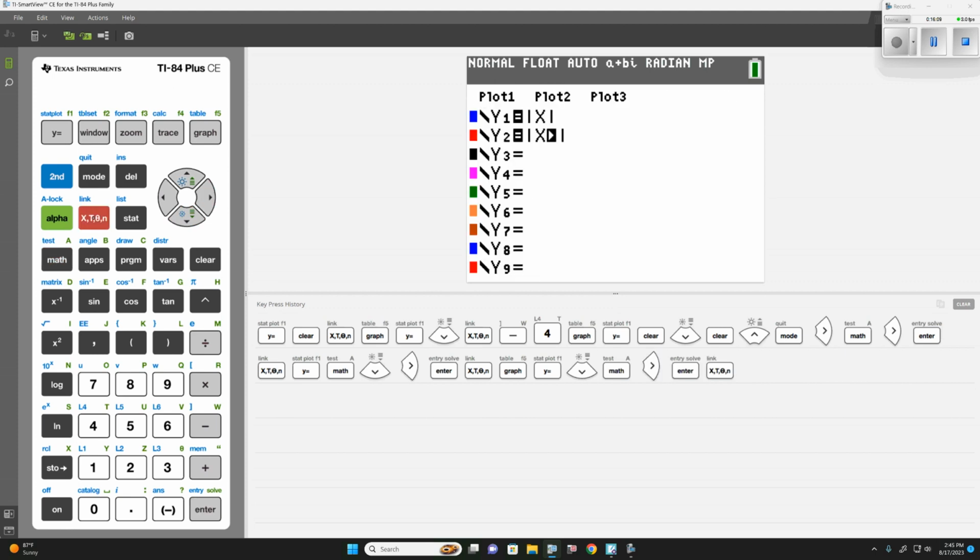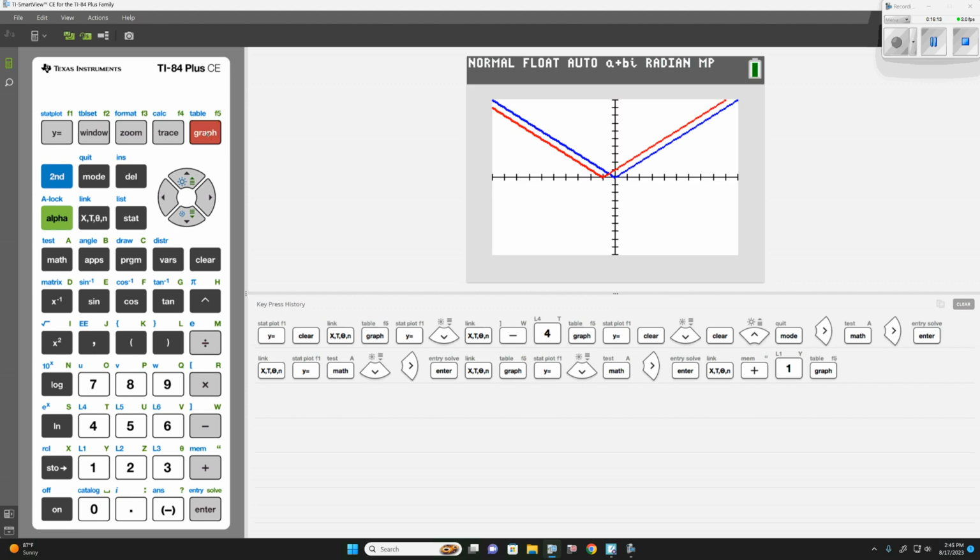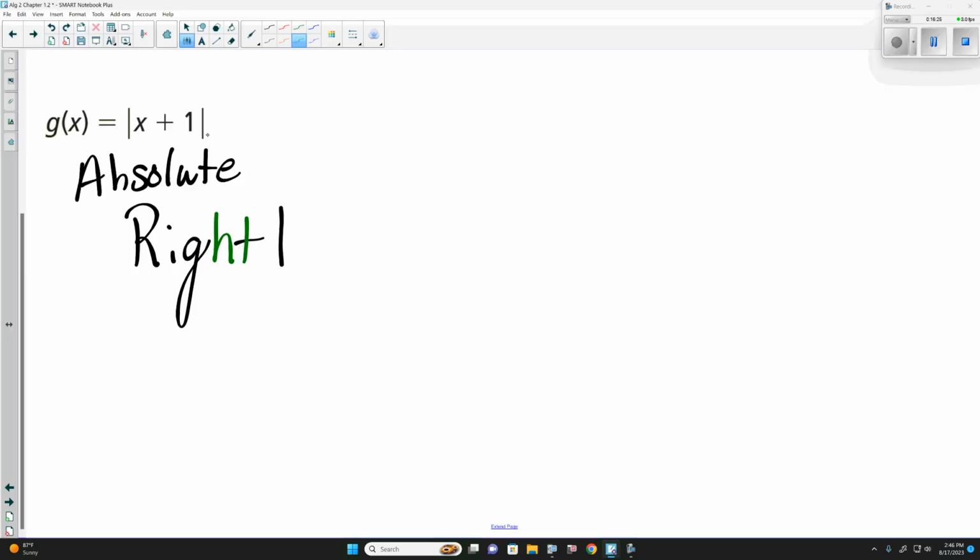ABS, X plus 1. And this is going to move the graph, as we see, 1 unit to the left. It is left one. Because again, inside the absolute values or parentheses, it's going to be the opposite of what we think. Because it's plus 1, it makes us think that it's going to move to the right, but it's actually moving to the left.